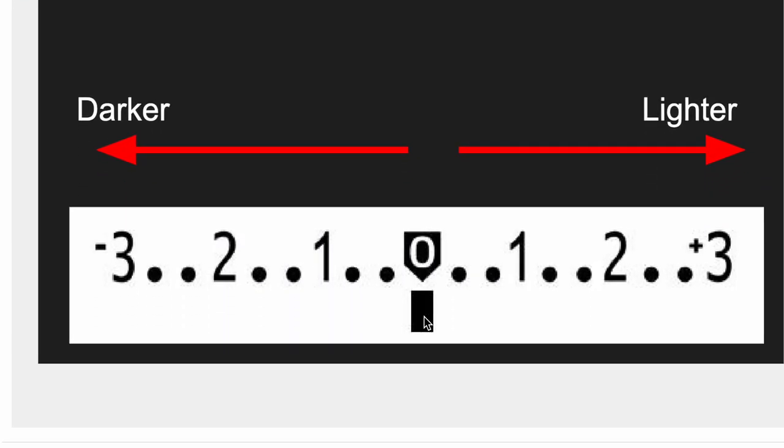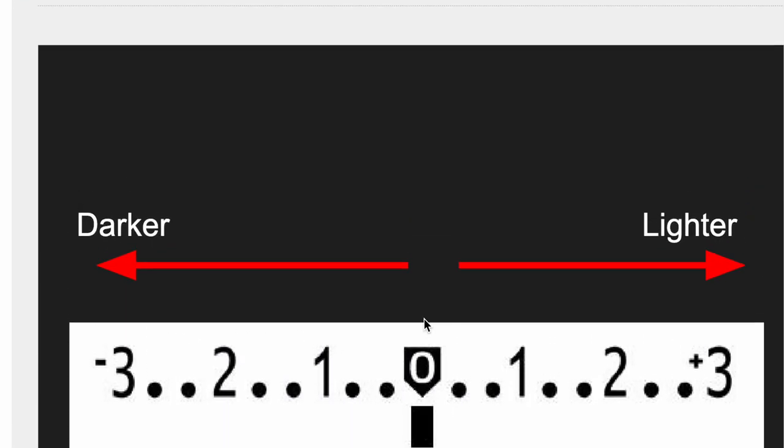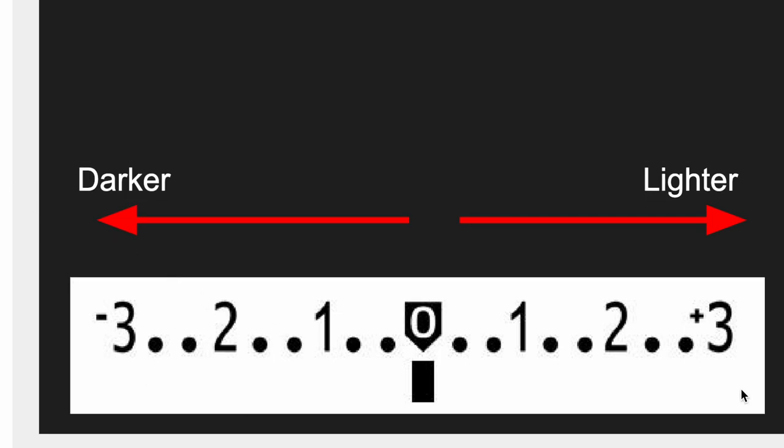But on the screen of your camera as well, there's this meter, where it's measuring from -3 to +3. And this is in your eye viewfinder and on your LCD viewfinder. This little rectangle right here will move depending on what our settings are at and what type of light we are working with.